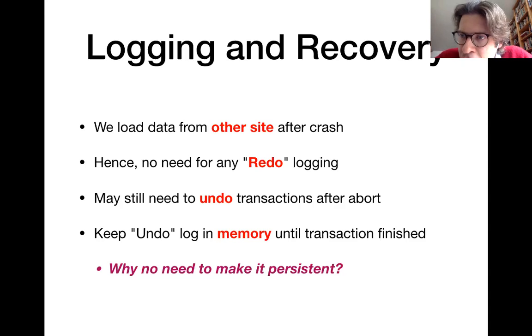One little question: why is it again that we don't need to store those undo log entries to hard disk? Couldn't it happen that at the crash, we have some partially executed transactions whose effect we still need to undo?